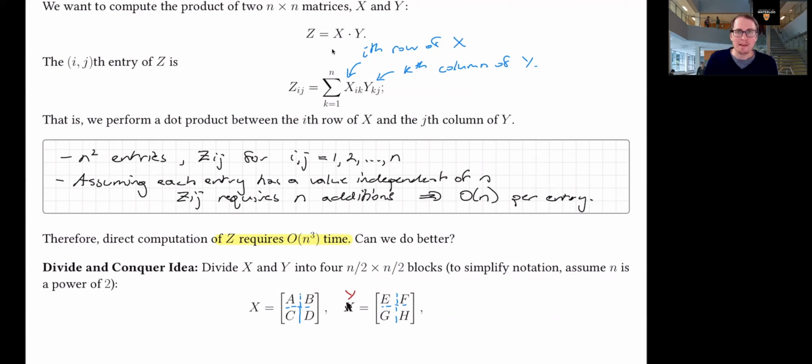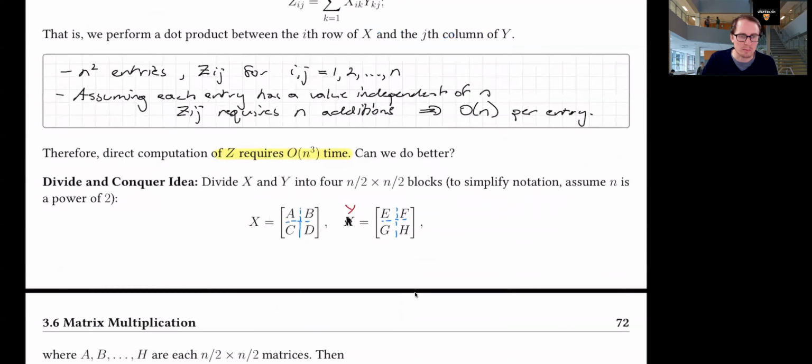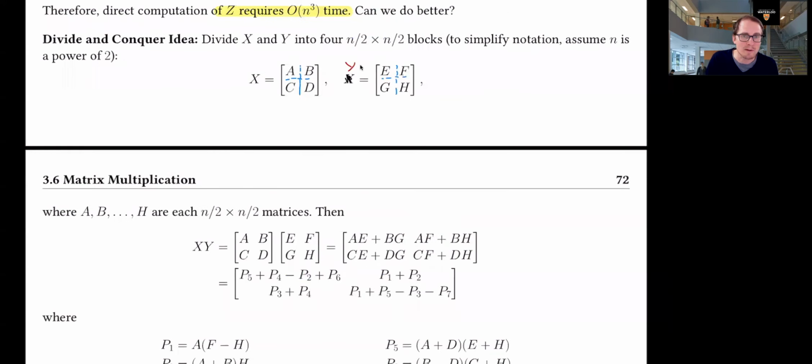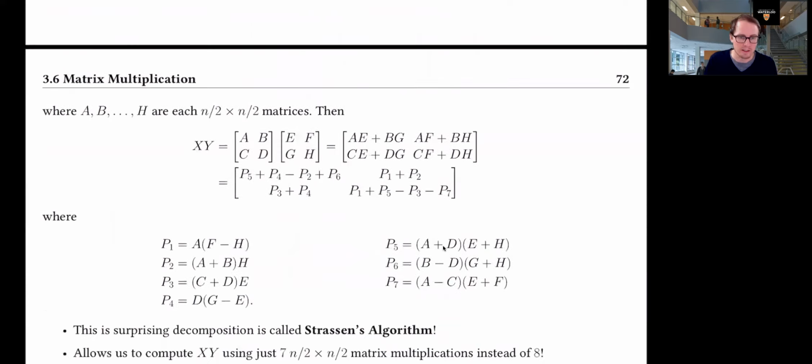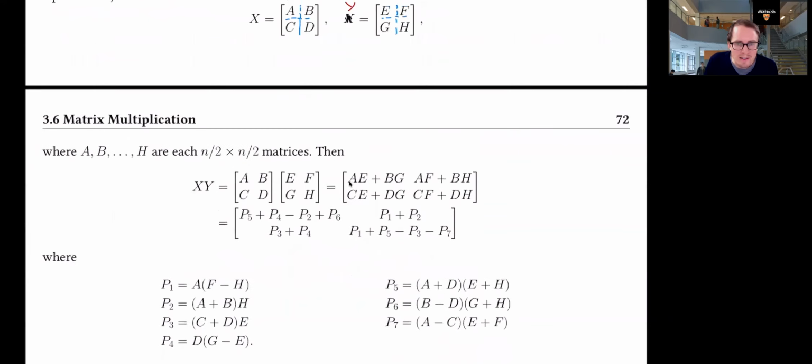And now, rather than thinking of multiplying these 2 n by n matrices, I now have 8 n over 2 times n over 2 matrices. And if I write out what the multiplication looks like, so each one of these matrices is n over 2 by n over 2. And if I just write out the multiplication of x times y, it looks like this. You go A times E plus B times G. This one's A times F plus B times H, and so on. And then the clever thing that someone named Strassen realized is, if you look at what I've done here, right?